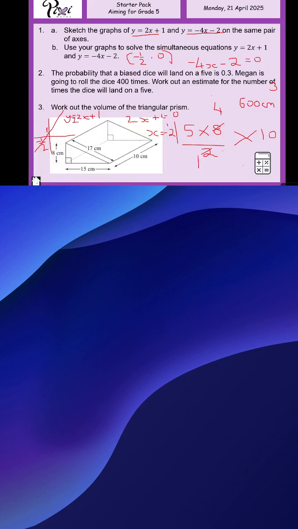And similarly for this other graph, when you set minus 4x minus 2 equals 0 and solve it, you would add 2 to both sides, and then divide by minus 4, you'd have x equals 2 over minus 4 or minus 2 quarters, that simplifies to minus a half, divide top and bottom by 2, and that would give us our final answer.